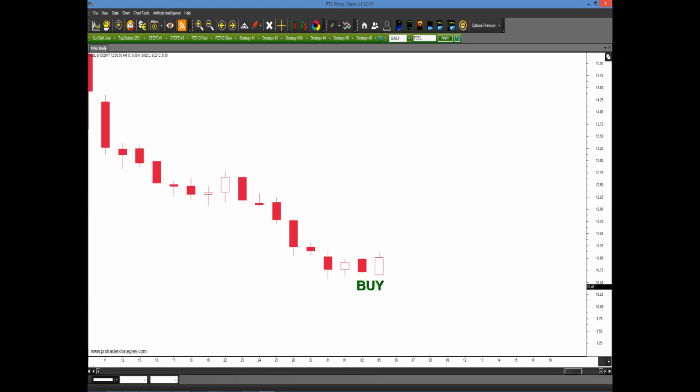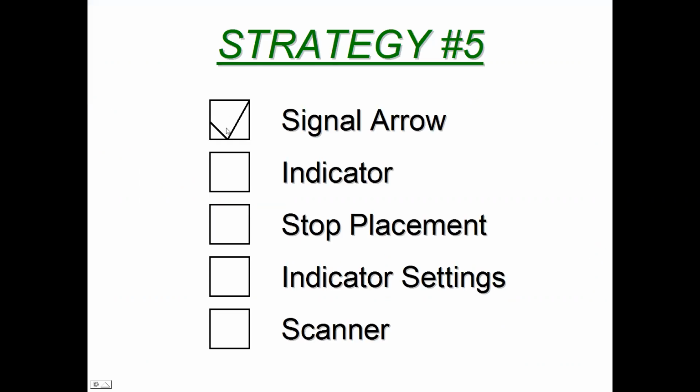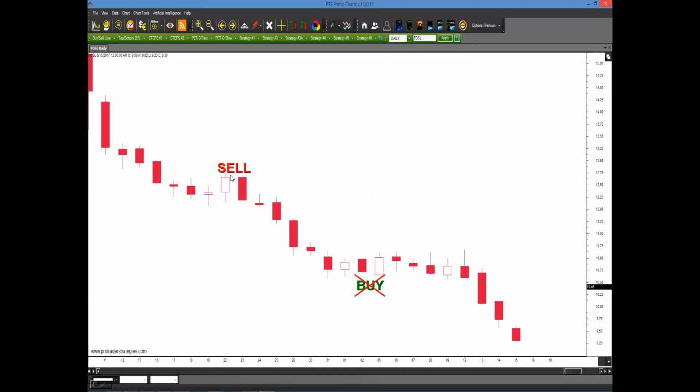You get a better level of consistency if we don't buy this right now and stay out of the way. Okay, so right there, we would not have lost any money using the PET-D. And on top of that, if we look for bearish engulfing patterns, well, click on strategy number 5, click on signal arrows, and there was a sell signal right here using this candle pattern, and we could have taken advantage of this.